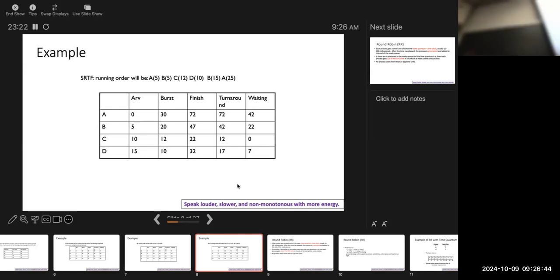The bad thing is that on average, it gives a higher waiting time, and it is less responsive, because if you consider a scenario where a longer job comes first, let's say with 100 time units, and after that B comes, which has only 10 time units, B will be stuck behind A, right?